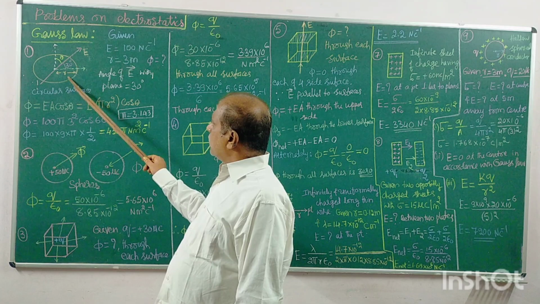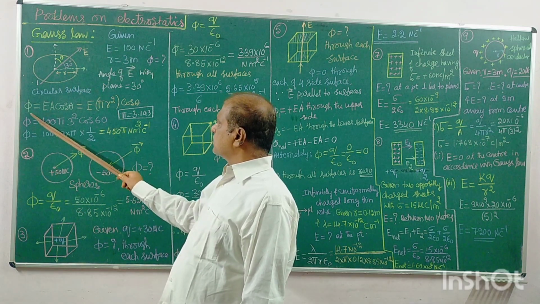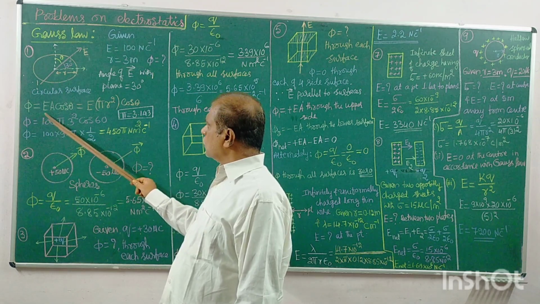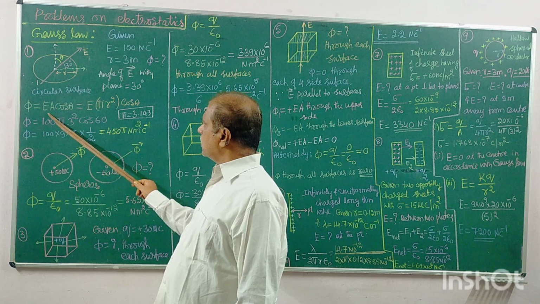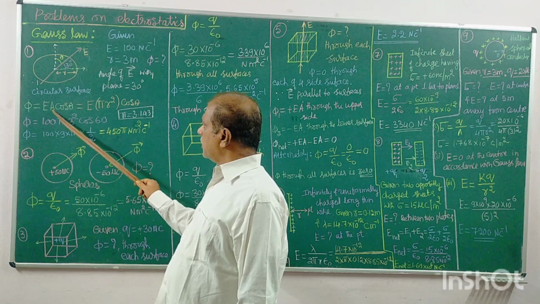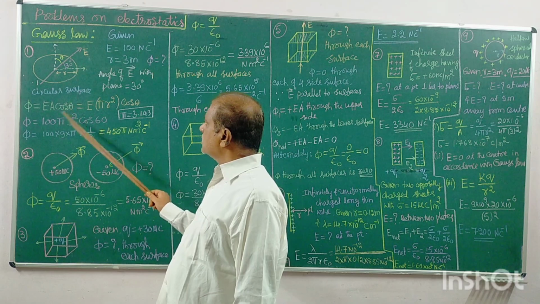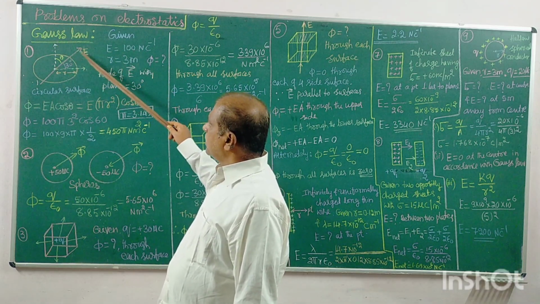The formula for the calculation of electric flux through the surface is, recall this formula: electric flux is equal to E, the electric field intensity, into the total area of the surface, cos theta. Theta means the angle between the normal and the electric field.